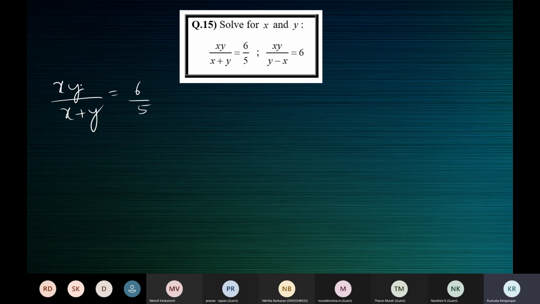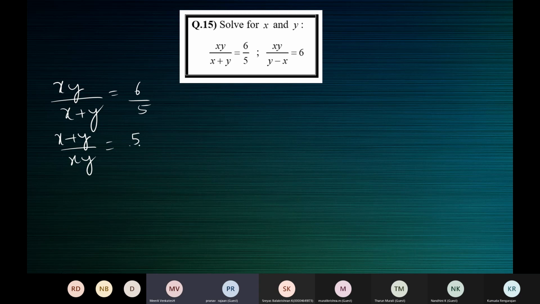What is the reciprocal of the LHS? X plus y by xy, ma'am. What's the reciprocal of the RHS? 5 by 6. You can take reciprocals on both the sides.